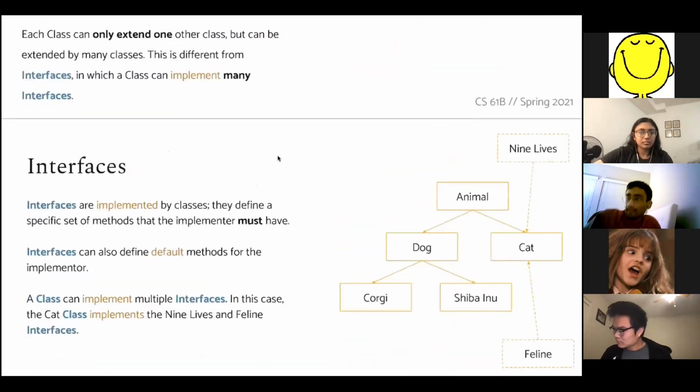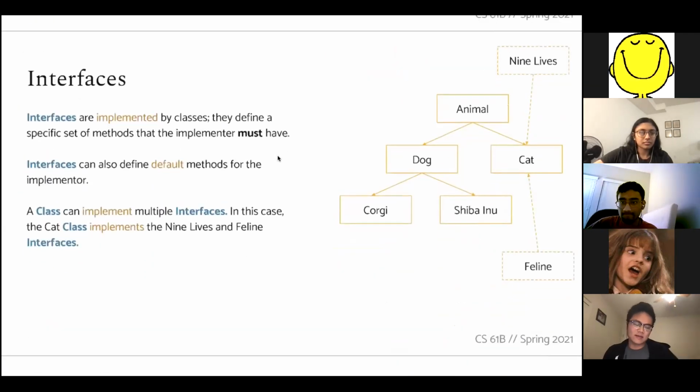We also talk a lot about interfaces, and I think interfaces will be a little more in scope for this exam. Interfaces are another way of managing complexity. Interfaces are implemented by classes. You can think of interfaces, as Sai said, as kind of an API, if you know what that is. If you don't, worry about it. Interfaces are basically a set of methods that the class has to define.